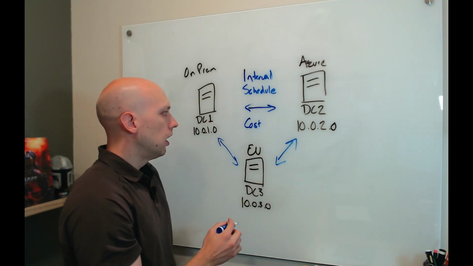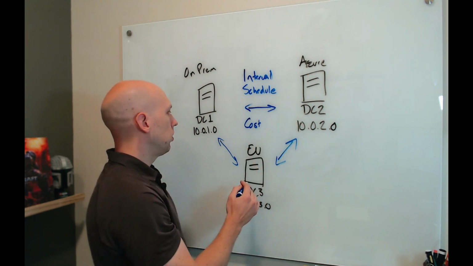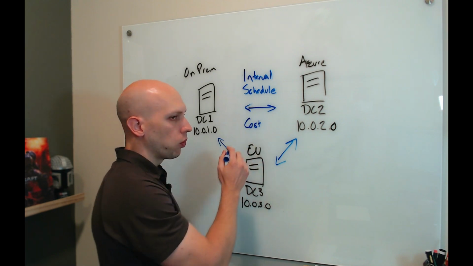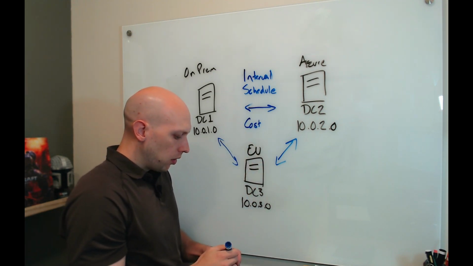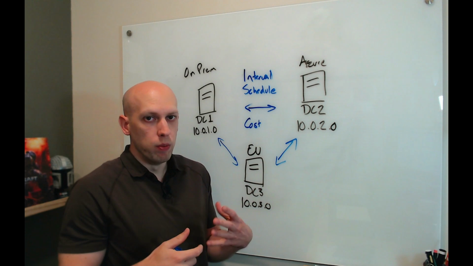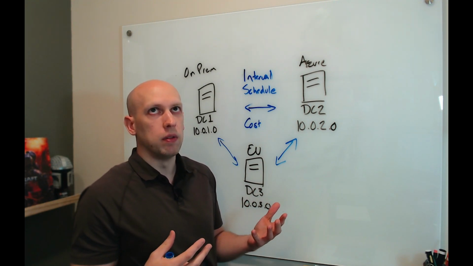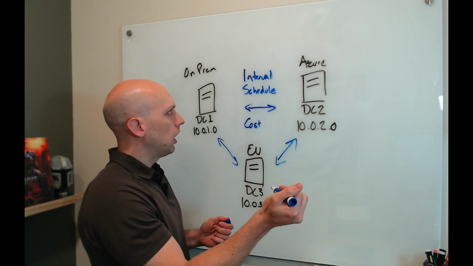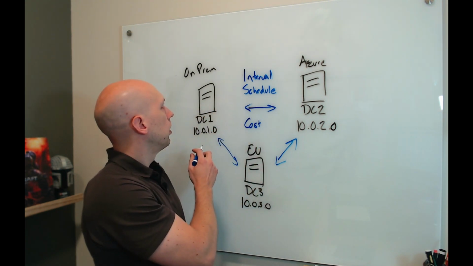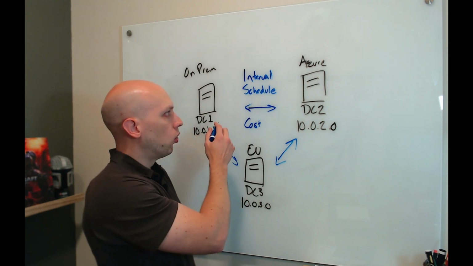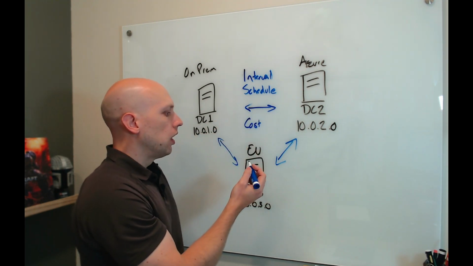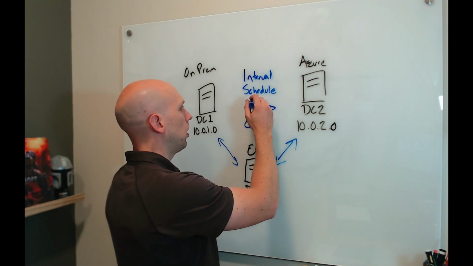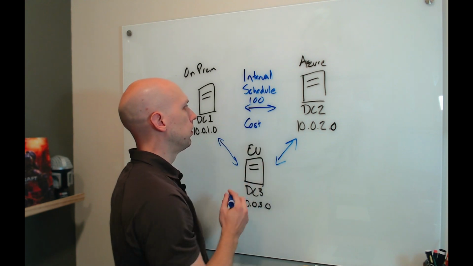So let's say EU has connections to Azure, it has connections to on-prem, so everything is kind of talking to each other. This is where cost comes into play. Cost is a numeric representation of basically the speed of your internet connection between sites. So let's say you have a high-powered VPN appliance in on-prem, or you even have an ExpressRoute to Azure. That's going to have a very low cost because it's a really high speed. So we're going to say our cost for this connection is 100.